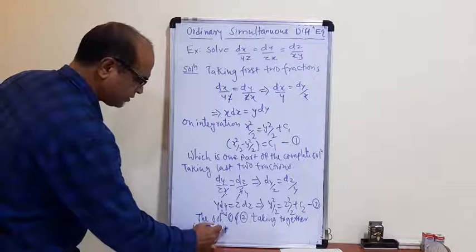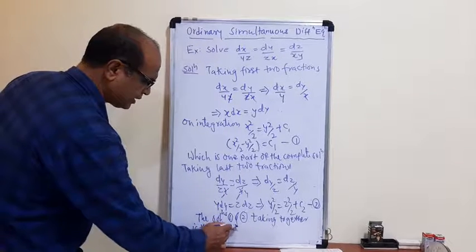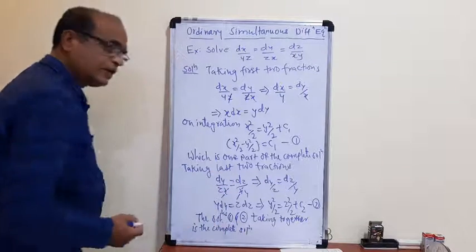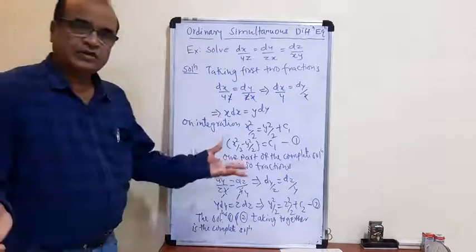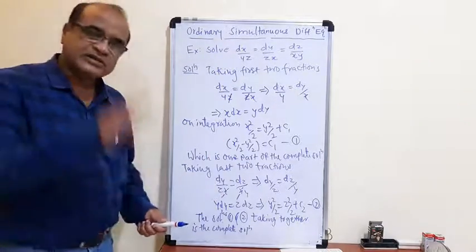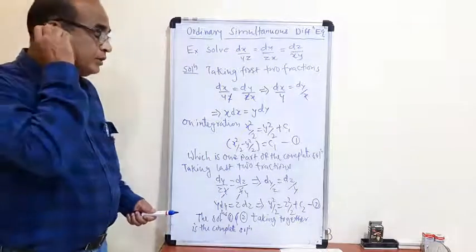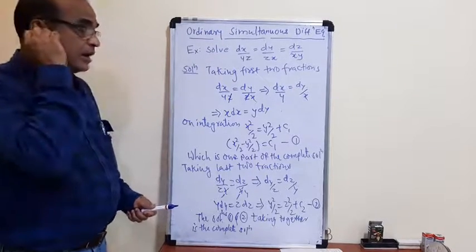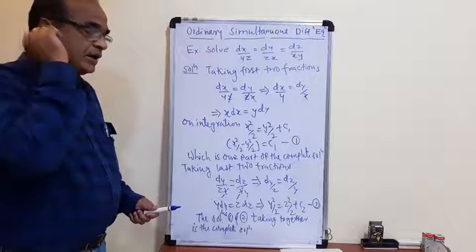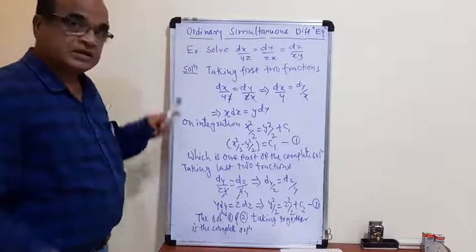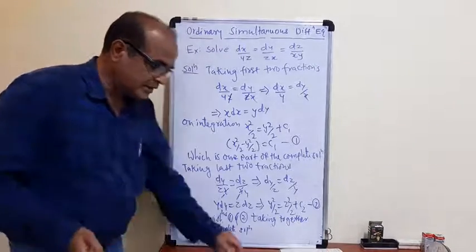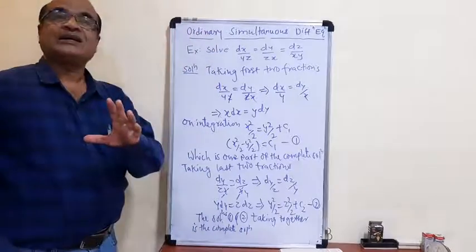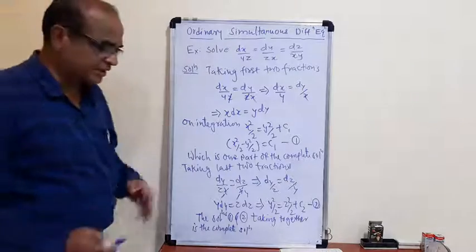Okay, so this is a very simple method to solve the ordinary differential equation. So this is a particular case, meaning you take any two fractions and absent one variable and then solve it. So this is one part, and you take another two fractions and absent another variable and solve this equation, taking another part of the differential equation. The two solutions taken together is the complete solution. So this is the particular case to solve this differential equation.